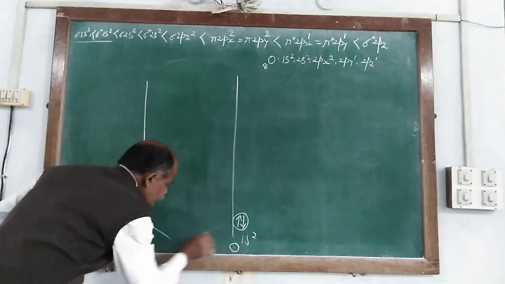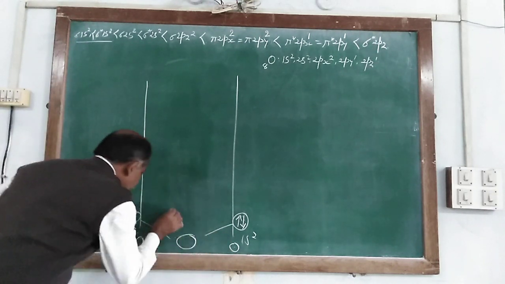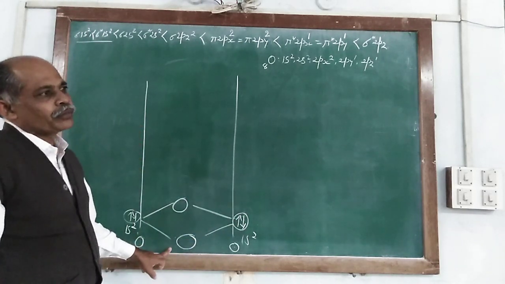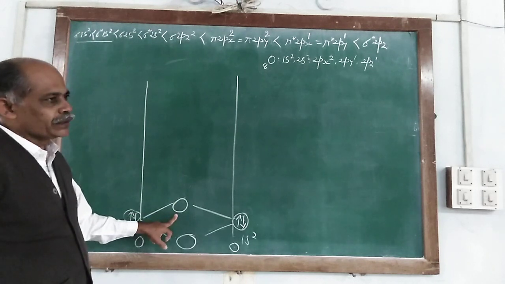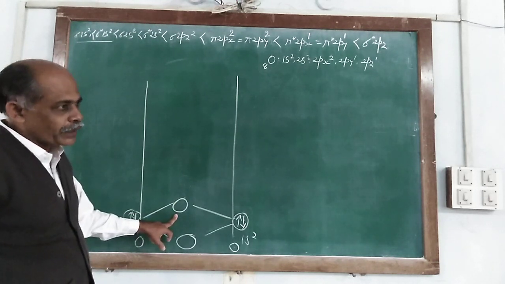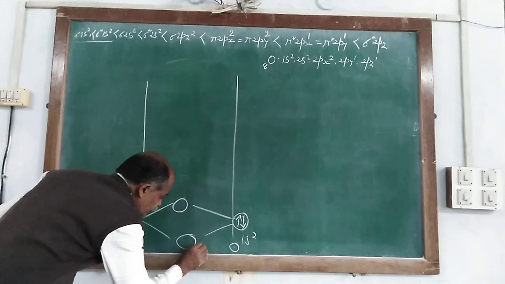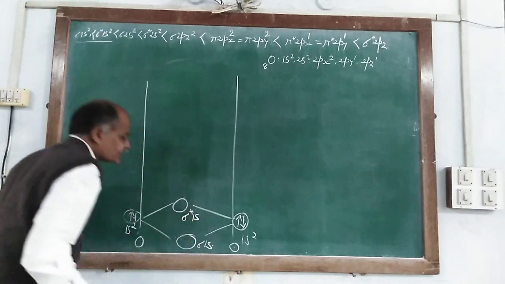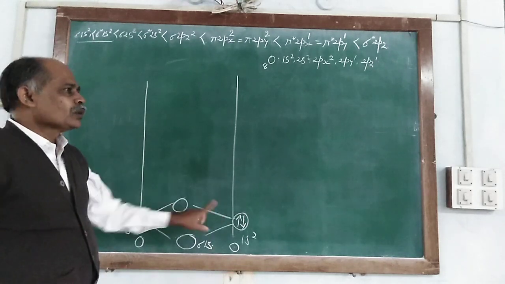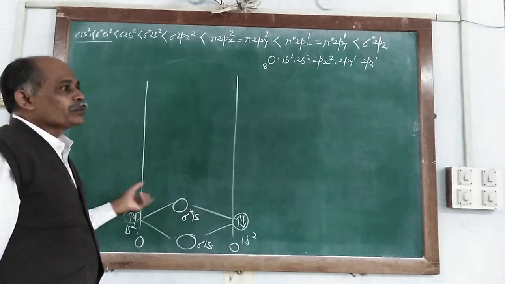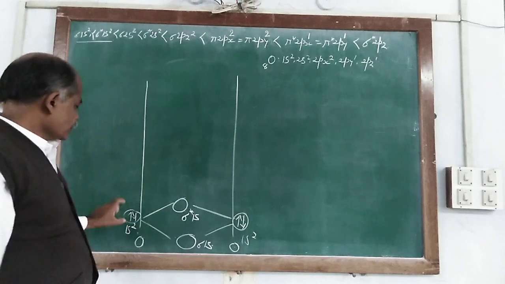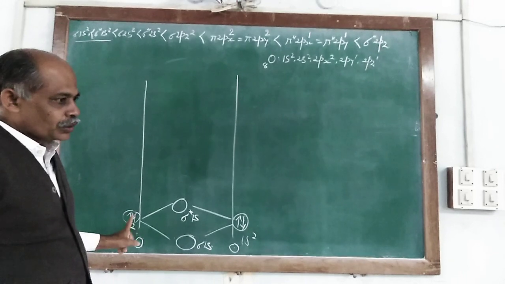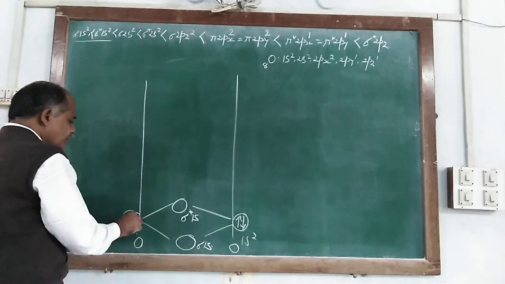Now from these two atomic orbitals, two molecular orbitals form. One is a bonding molecular orbital and the other is an anti-bonding orbital. They are assigned as sigma 1s and sigma star 1s. Now the distribution of electrons from the atomic orbitals: each atomic orbital has 2 electrons, so they are equally distributed.